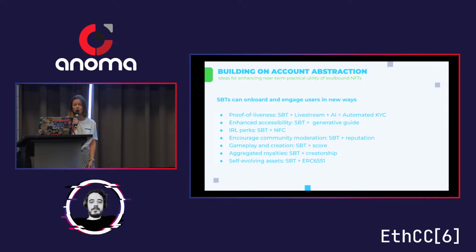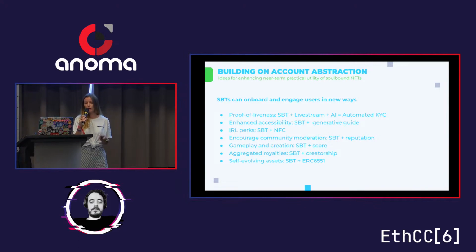I've touched on some here, so thinking about proof of liveness, so not just proof of humanity, right? So not just proving you're a human, but actually checking in on, for instance, a gamer at various points during their user life cycle.